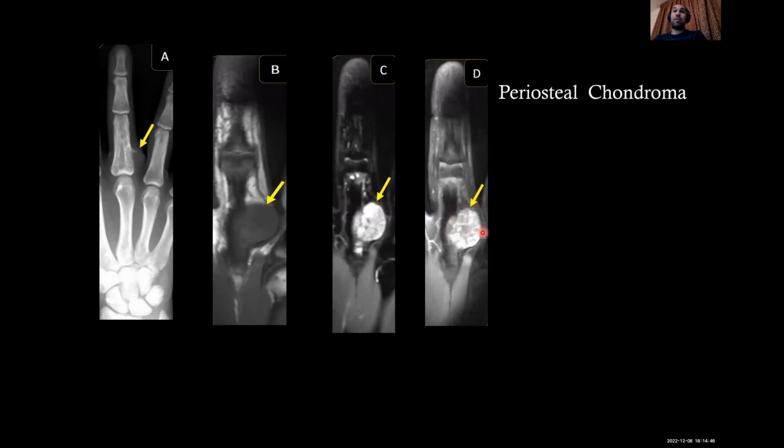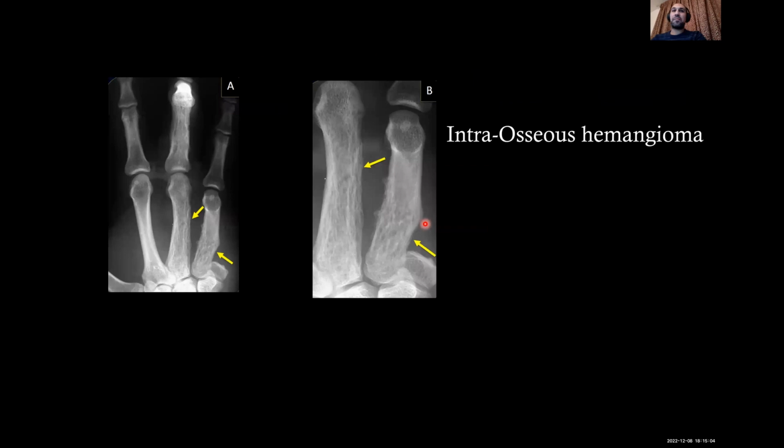You see, it is just mineralization, high signal chondroid matrix, and it seems that there is some bony outgrowth which connects this lesion to the mother bone, but it is periosteal chondroma. Some continuity with the bone, juxtacortical mainly, bony outgrowth from the mother bone, and the high signal of the chondroid matrix.